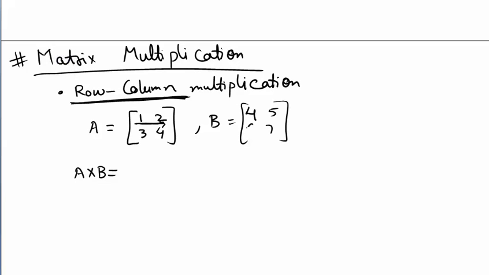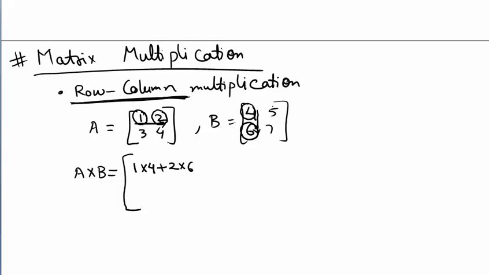That was 4 and this was 6. So we are talking about this column. First I will multiply this element with this element, that is 1 into 4, plus this element with this element, that is 2 into 6. That will be the first element of this, right?